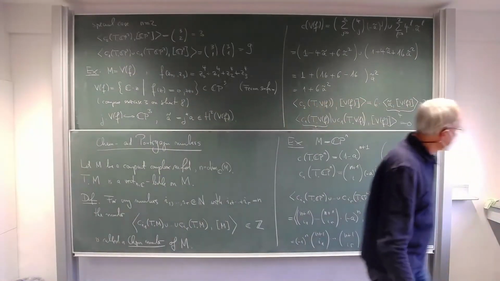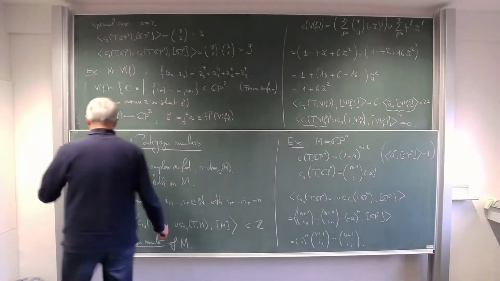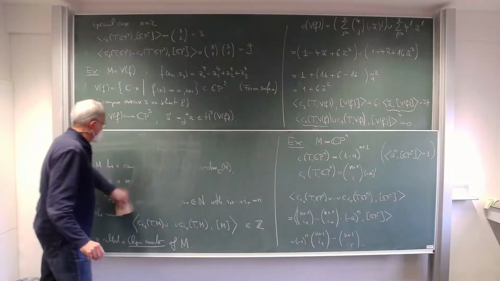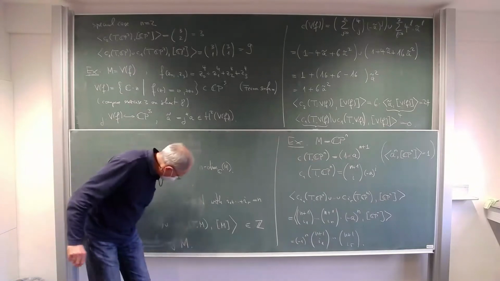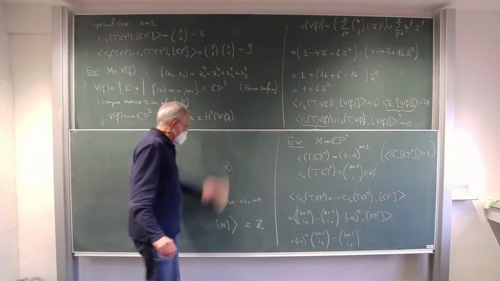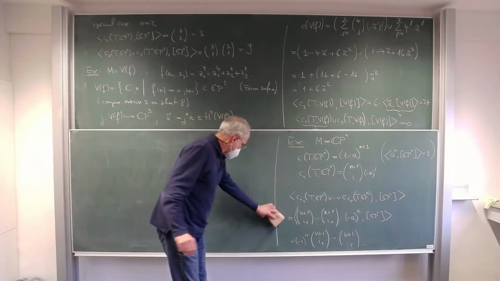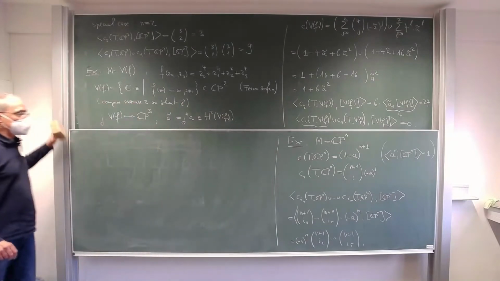Well, only one remark that we can make is that if two compact complex manifolds are biholomorphic to each other, then they must have the same Chern numbers.